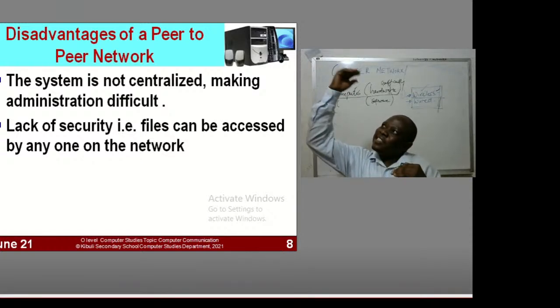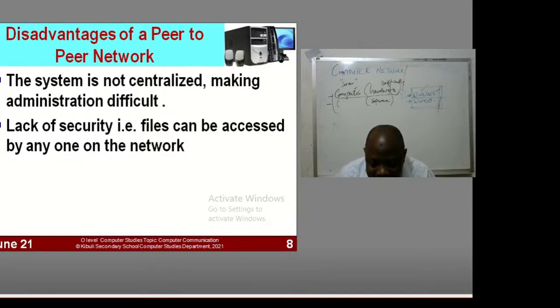Because there is a central administration, it's easy to manage you as students. That is the server. The central administration becomes the server. But assume a school where there would be only the headmasters, the teachers, and the students. How could that school look? So here we are saying the system is not centralized, making administration very difficult. Where there is no administration, there is no organization. Look at homes.